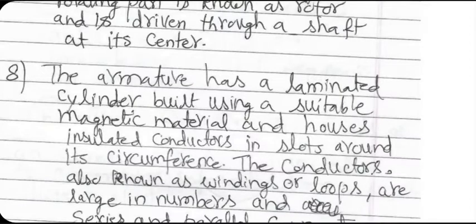The armature has a laminated cylinder built using a suitable magnetic material. I'm not giving you details on this, but details are available. And the armature houses insulated conductors in slots around its circumference. The conductors are also known as windings or loops.